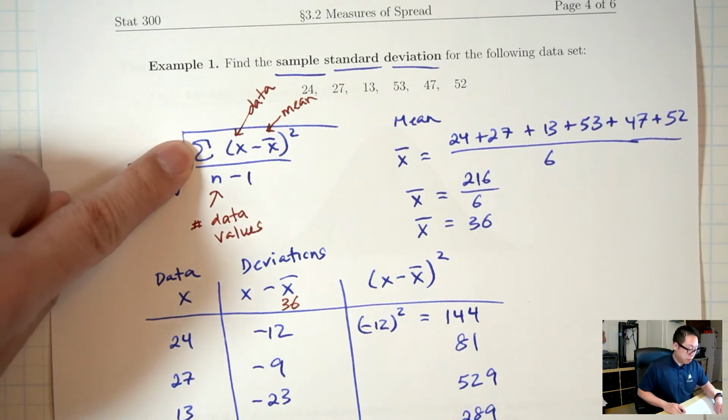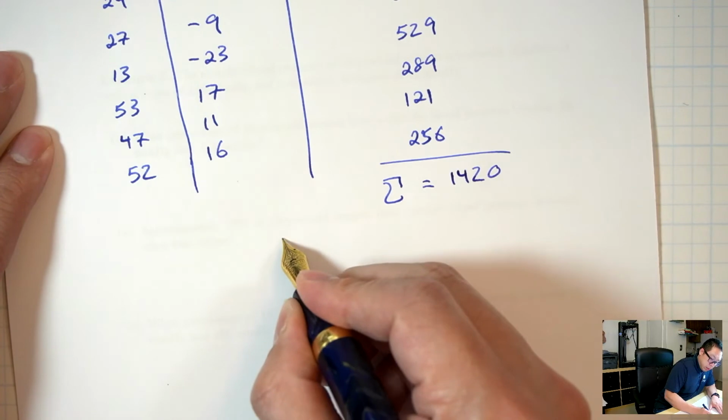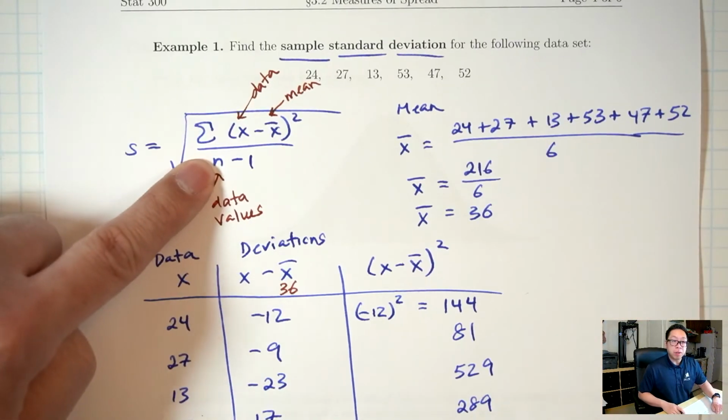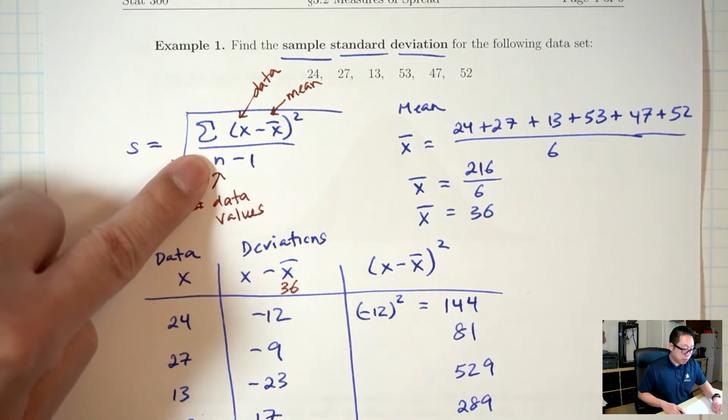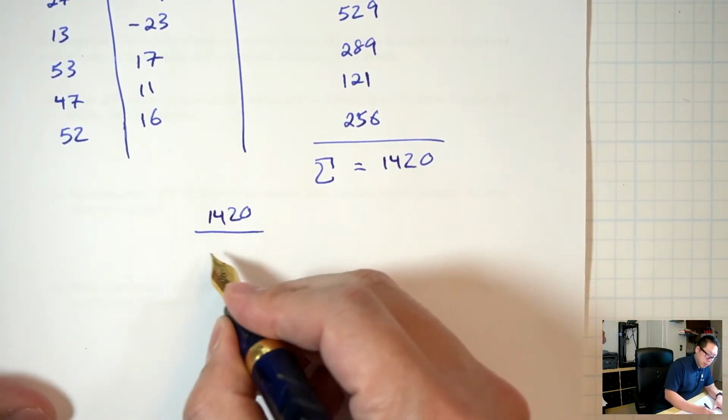Next up, divide that by n minus 1. So we're going to take 1420 and divide it by the number of data values minus 1. Number of data values is 1, 2, 3, 4, 5, 6. So we're going to divide it by 6 minus 1.